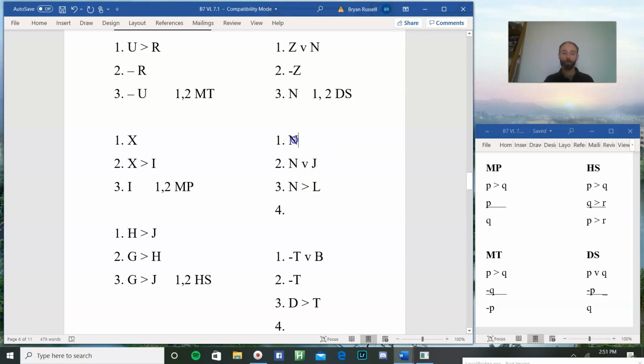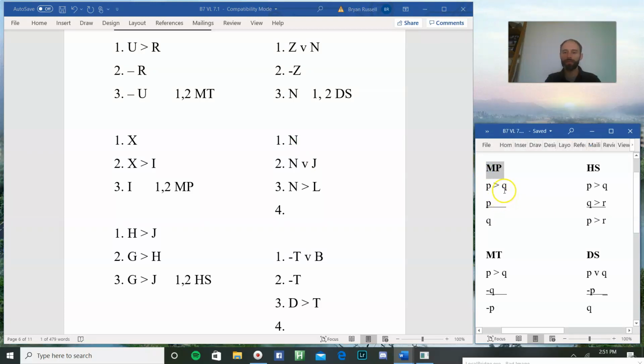How about lines 1 and 3? Well, that looks promising. Here we have if N then L, and here we have N. So we have the main operator as a horseshoe, and we have the antecedent on another line. And that looks exactly like MP down here.